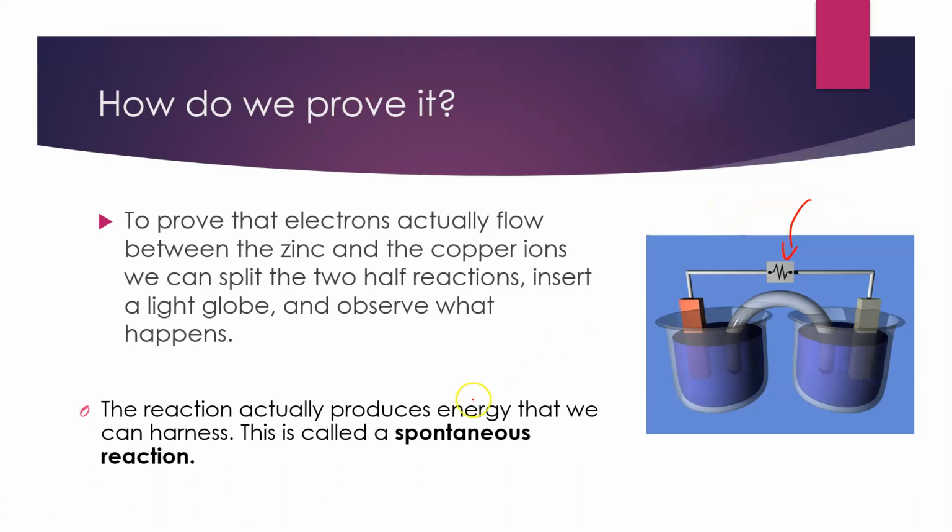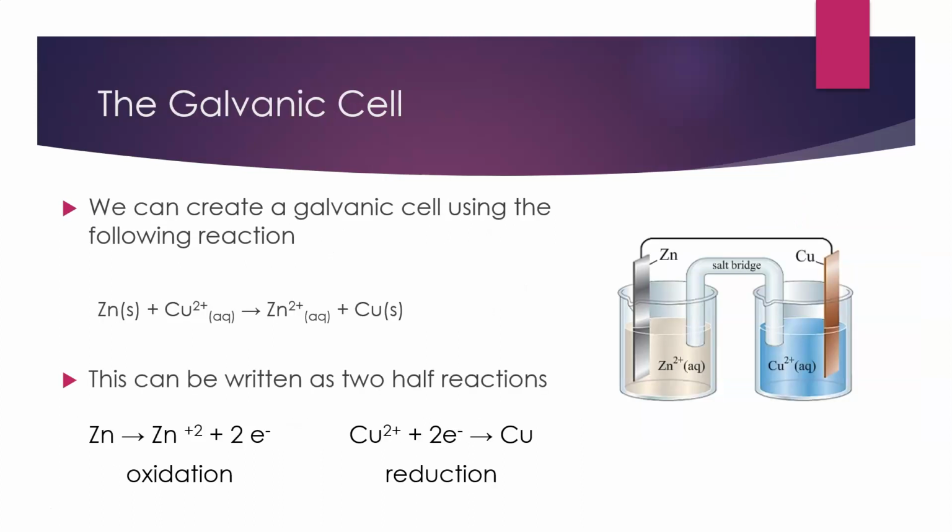The reaction will produce energy that we can harness because it's spontaneous, and because the electrons are going to move through the circuit, then we will see electricity being produced. The light globe will glow. We refer to these type of cells as galvanic cells.